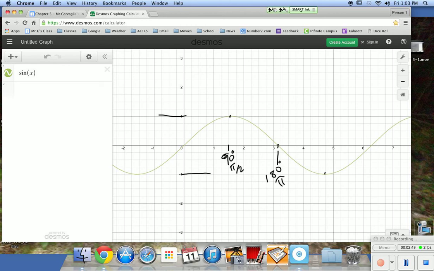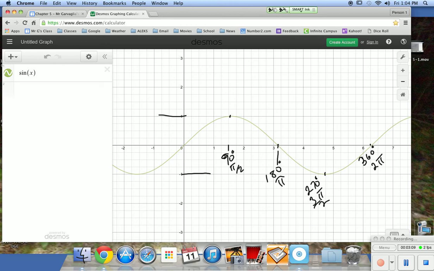And at this vertex right here, it's at 270 degrees or 3 pi over 2. And where it comes back and touches here, 360 degrees or 2 pi. All right, so that is just a sine.